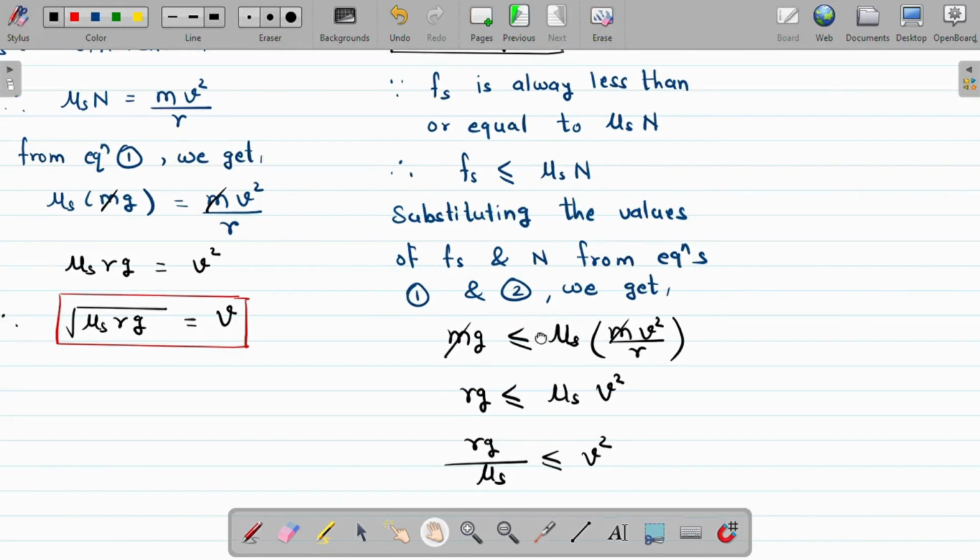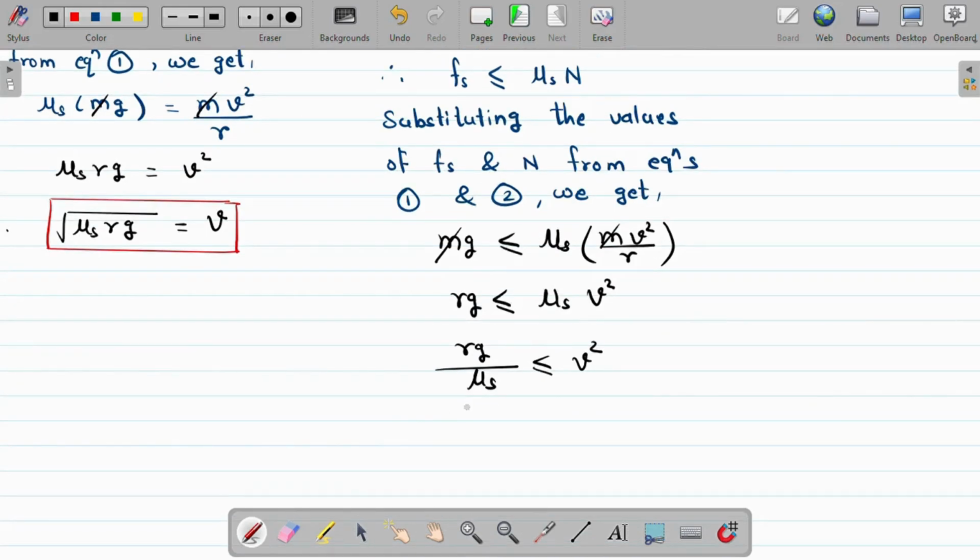And that is how we arrive at our required formula, v equals under root rg by mu s.